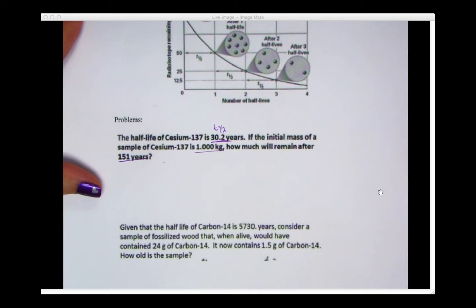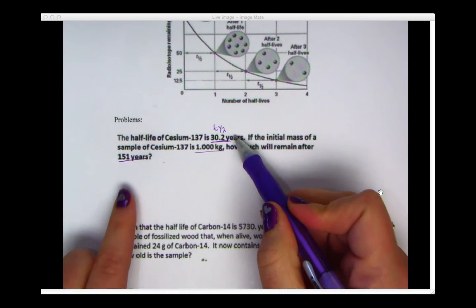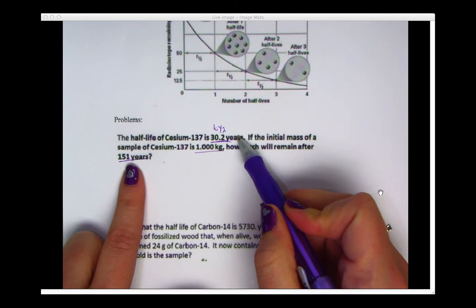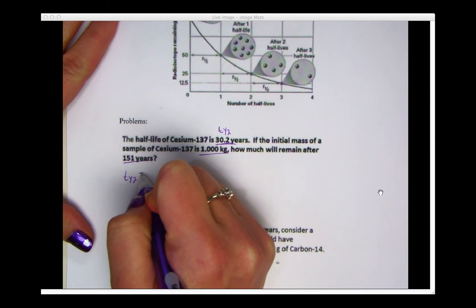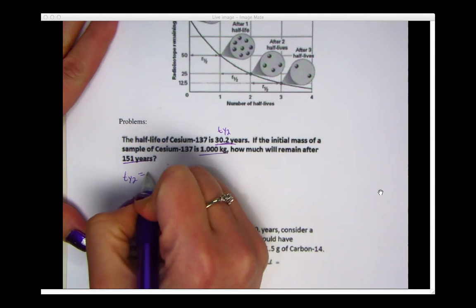Okay, the first thing I do is list my variables so I know what all of these numbers are, because for whatever reason, we always get these 2 numbers confused. We don't know which is which. So our half-life is equal to 30.2 years.